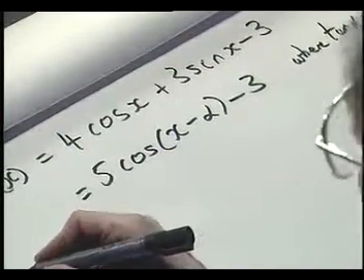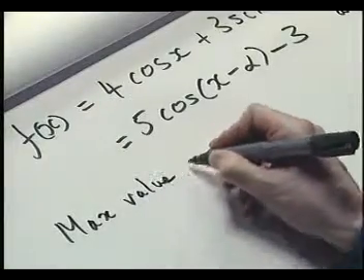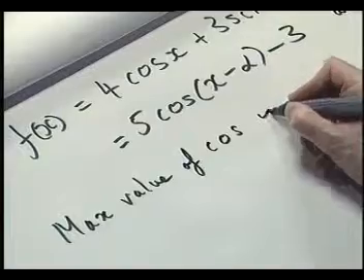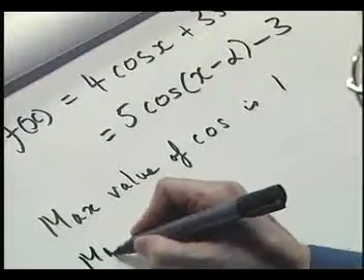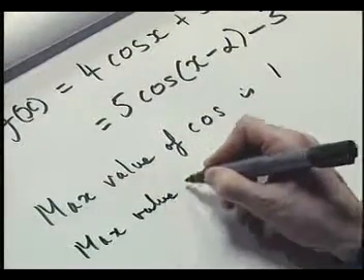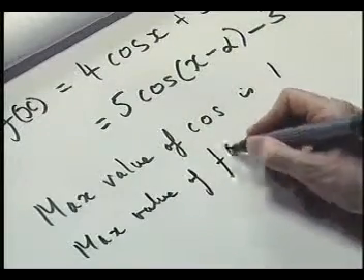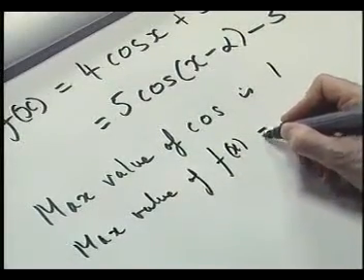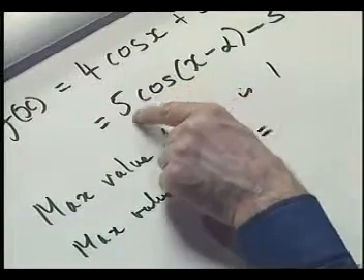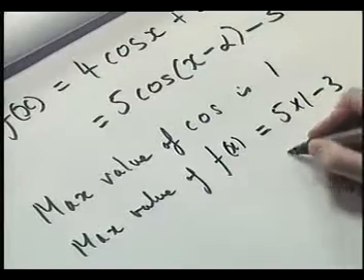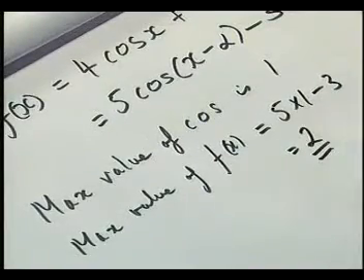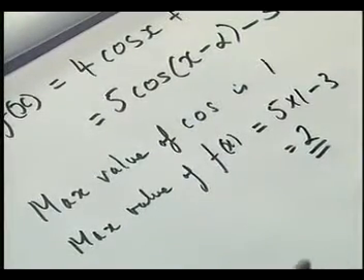The maximum value of cos is 1. Never gets any bigger than 1. And so the maximum value of f of x is, well, it must be 5 times by 1 minus 3, which is just 2. And when does that occur?